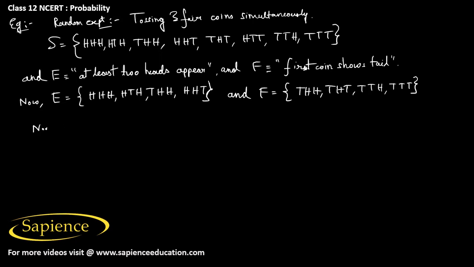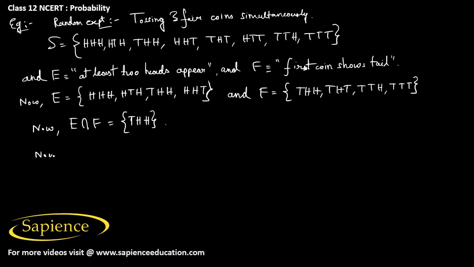Now, if you take the intersection of the two sets, the elements common to both sets, E intersection F, that will be THH. So only one element is there in this set.